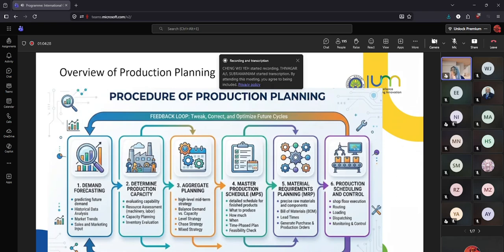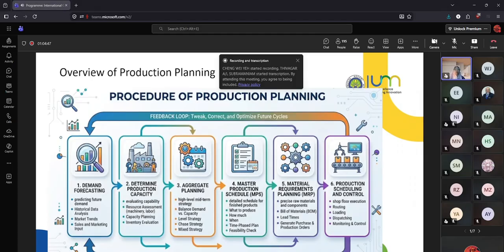We also do the monitoring to look into whether what we have planned can be executed properly, and this is kind of a looping cycle. That's the production planning in general.